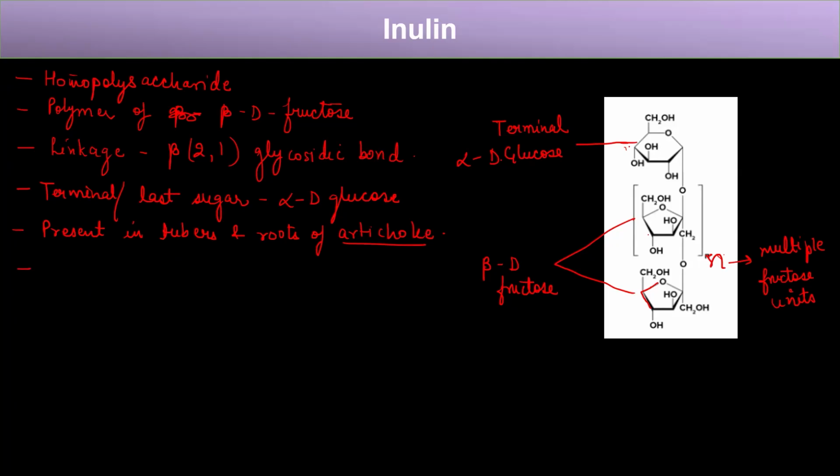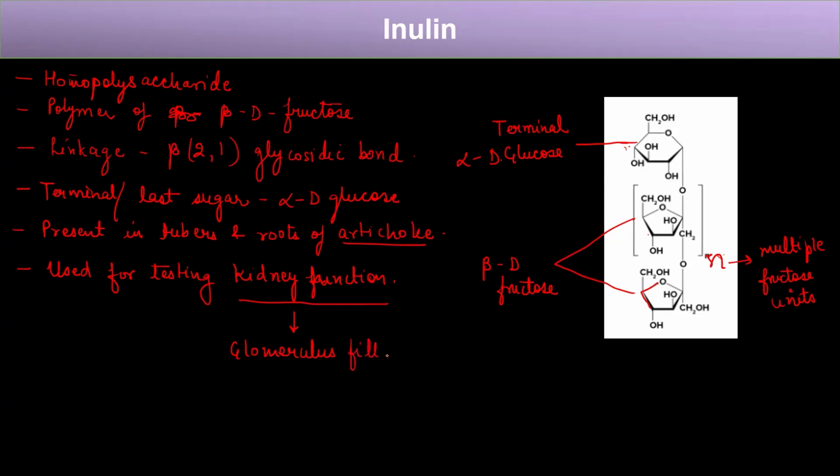And what is their function, or why are they used? In humans, inulins are used for testing kidney function. And how is the kidney function tested using inulin? Here it is tested by looking at the glomerular filtration rate.